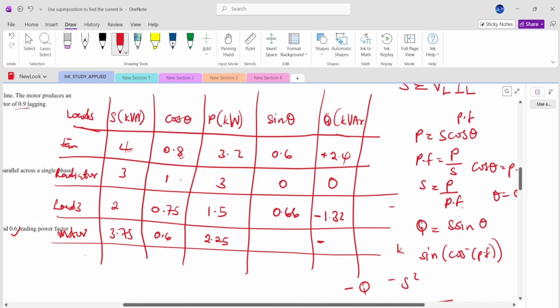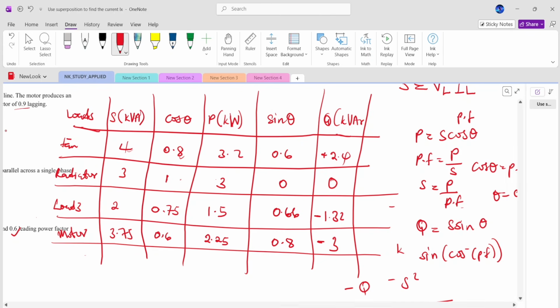If you want sine theta, it's going to be 0.8. I take cos inverse of 0.6, then I take sine of that, and I'll get 0.8. If I want my Q, it's going to be negative, because it's a leading power factor. Then we do 3.75 times 0.8. That's going to give me 3.